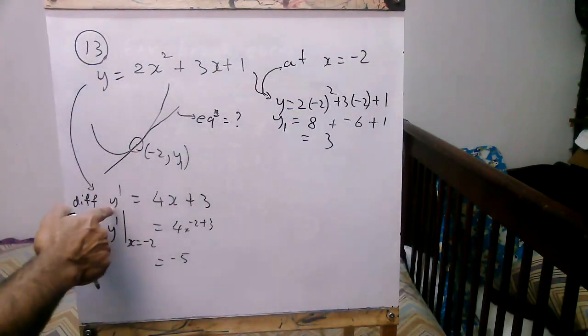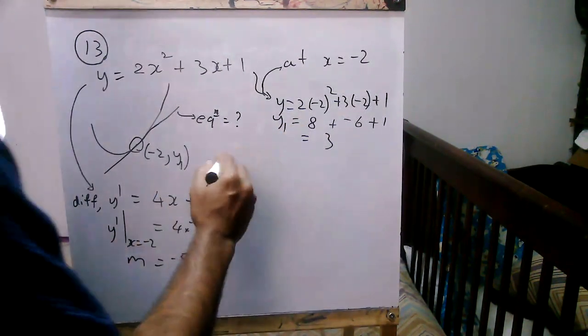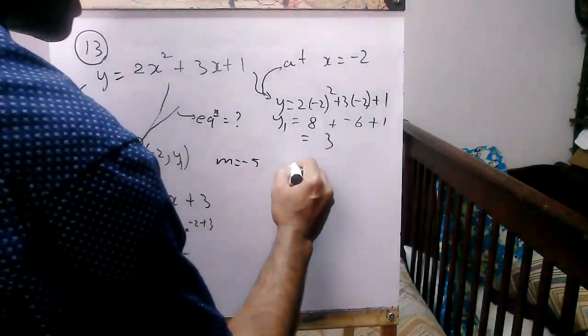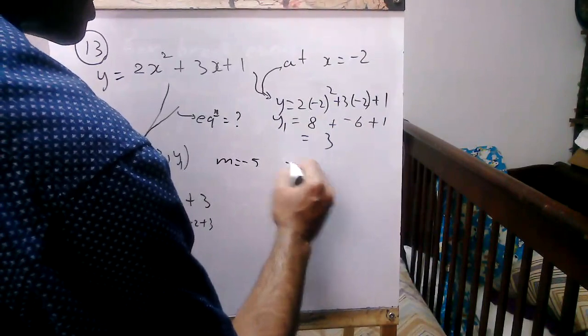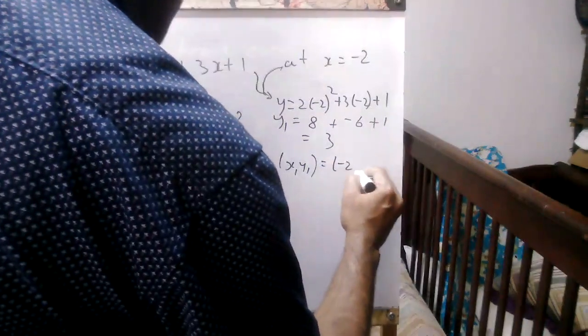Now we have the slope. This is the m slope. M is negative 5 and x1, y1 is negative 2 comma y1.